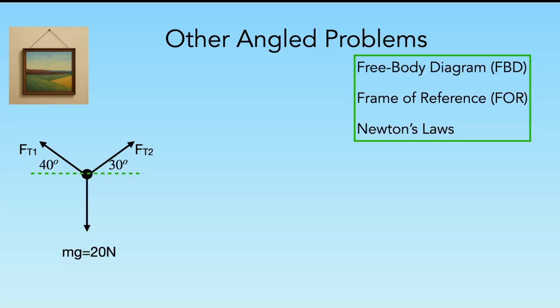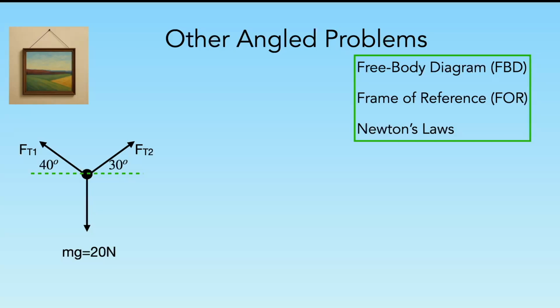To make it a little more difficult, and I'm not going to solve the whole problem numerically, let's say that the right wire, which is FT1, is at an angle of 40 degrees, and the other one's at an angle of 30 degrees, and mg is 20 newtons. That means the mass would have been 2 kilograms.